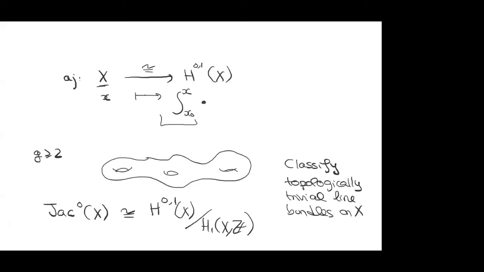So what we want to see is how many ways to endow them. There is just one topologically trivial line bundle of degree 0. This is given by the degree. So we don't want to classify topologically trivial, we classify holomorphic structures. So we want to classify all the possible holomorphic structures it can be endowed with.